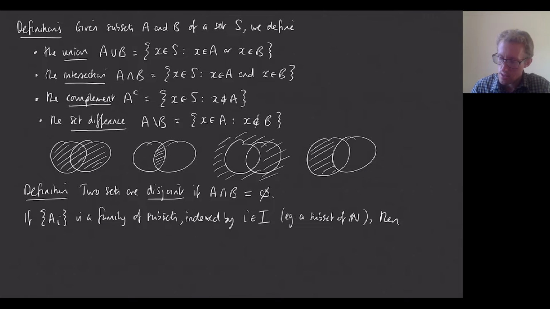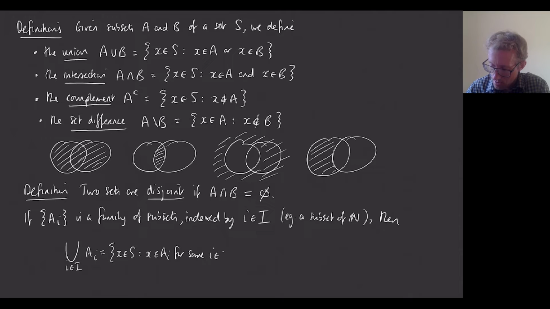Then we can take the union and intersection of that family. So we draw that as a big union sign over i in I of the A_i. That would be the set of all x in S such that x is in A_i for some i. When we say for some, we mean for at least one.